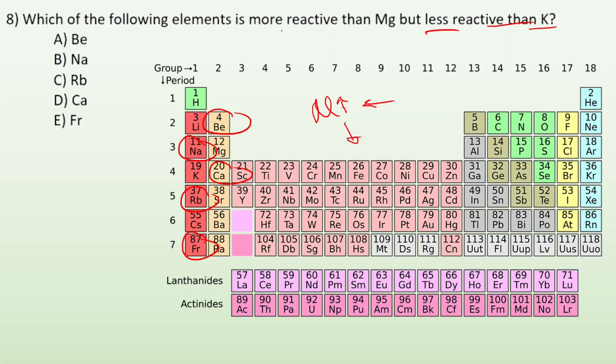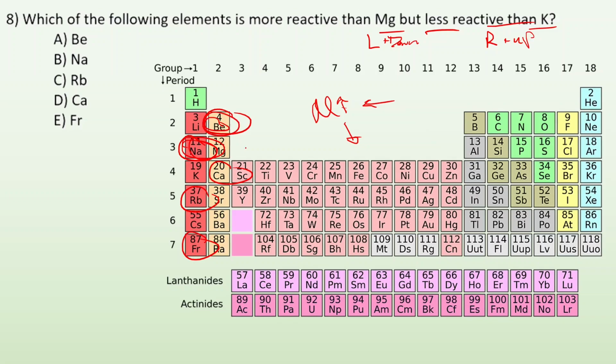So if it's more reactive than magnesium, we want it to the left and down. And then less reactive than potassium, we want it to the right and up. So what options are there? Well, to the right and up of potassium, it could be sodium or beryllium.